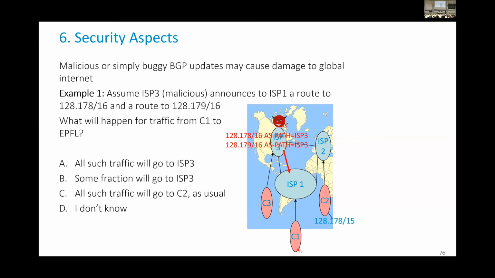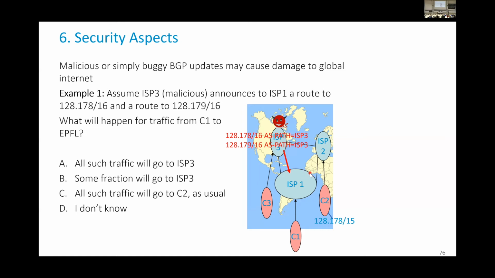Now what will happen? A packet from C1 that goes to EPFL, we will do longest prefix match. We will have the correct announcement that leads to probably ISP2, and then the wrong announcement that will probably lead to ISP3, because by longest prefix match, we will go here. In particular, this will be true if ISP1 does not do aggregation at the BGP level.